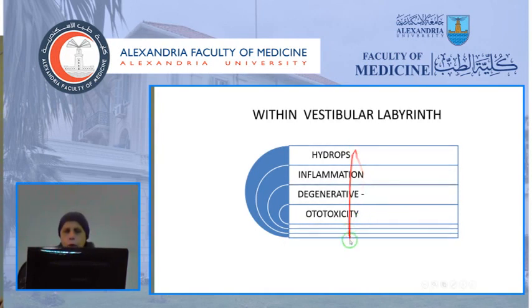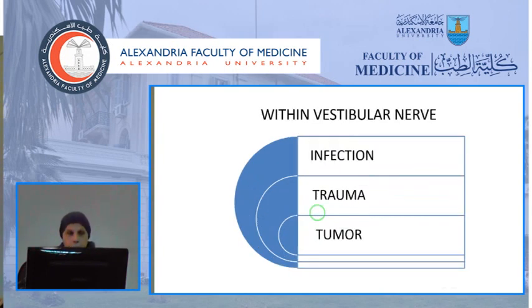All this will cause nystagmus. You can separate them by history taking, because you can test and see the nystagmus, but from the history you will know whether there was an inflammatory process, a degenerative process, or an ototoxic process taking place, from history and associated symptoms from the other organs, or from the ear or from the brain also.